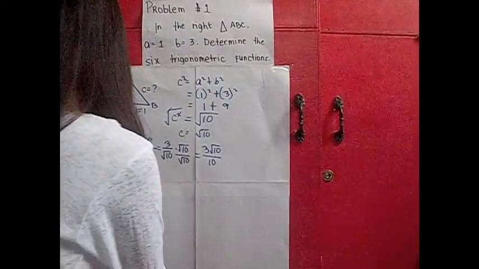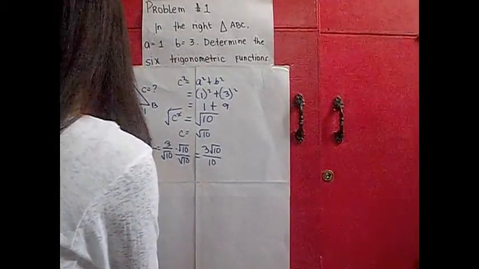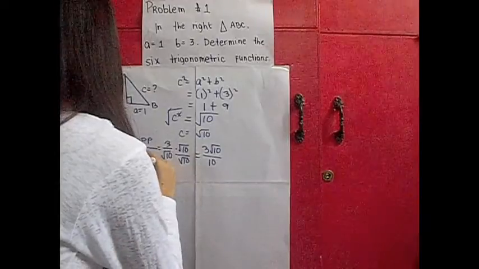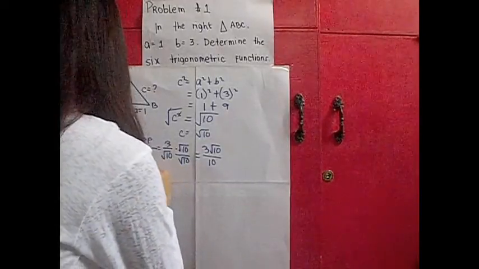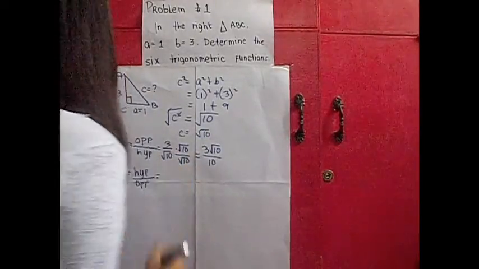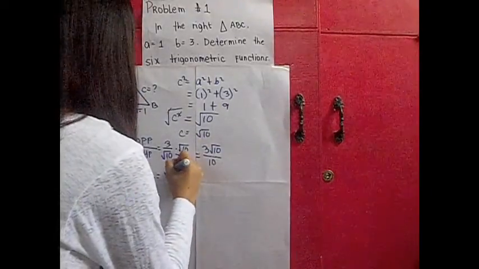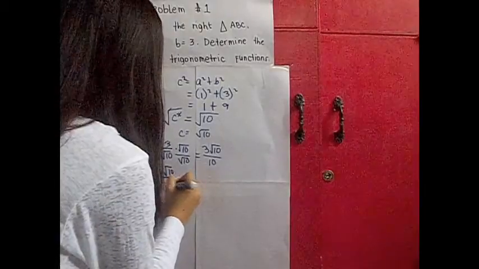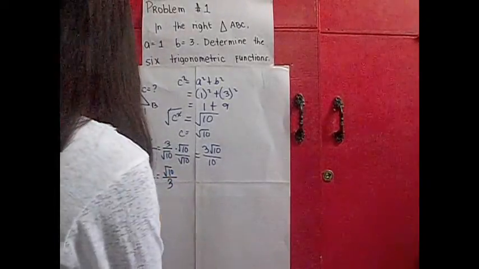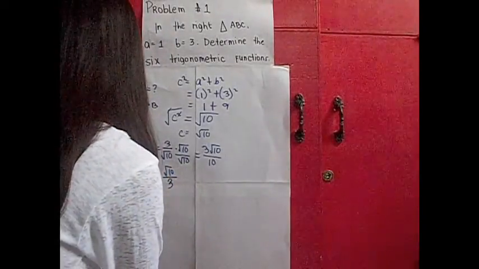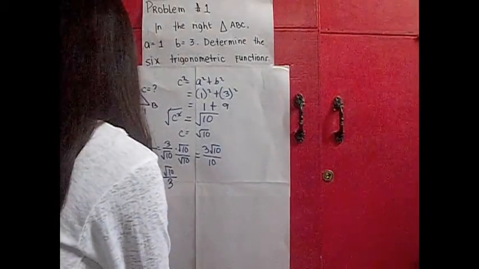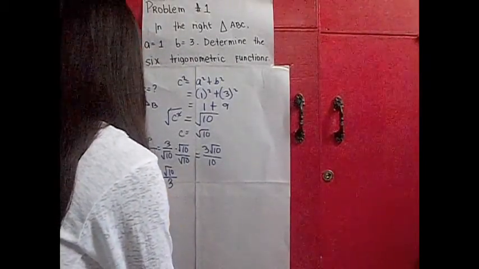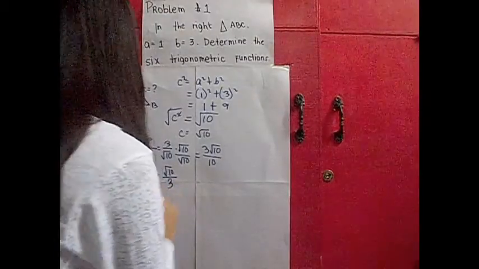The next is the cosecant, which is equal to hypotenuse over opposite. The hypotenuse is equal to the square root of 10 over the opposite, 3. The next is the cosine, adjacent over hypotenuse.